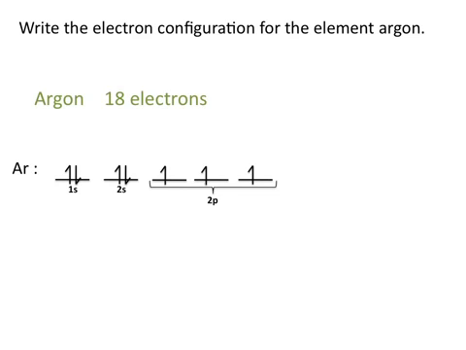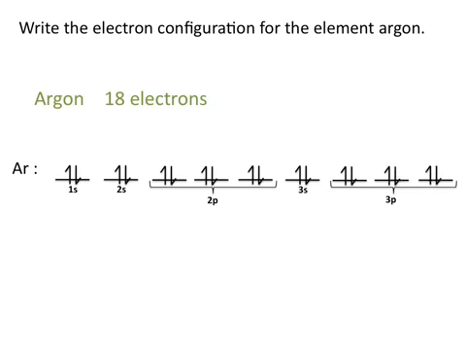So there's our 5th, 6th, 7th electrons, followed by the 8th, 9th, 10th electrons. After we fill the 2p orbital, we fill the 3s orbital. And here are our 11th and 12th electrons. After we fill the 3s orbital, we fill the 3p orbitals. And here are our 13th, 14th, 15th, 16th, 17th, and 18th electrons.